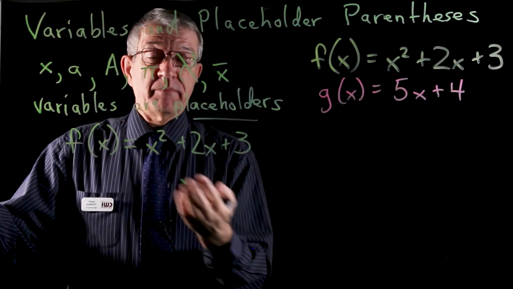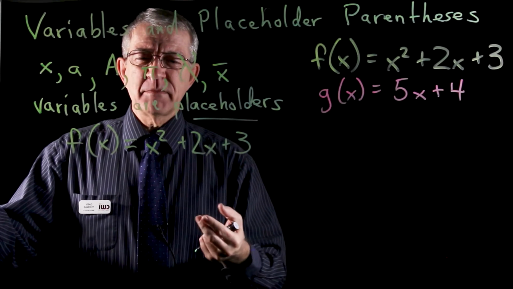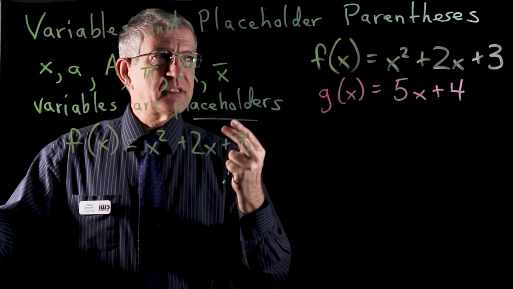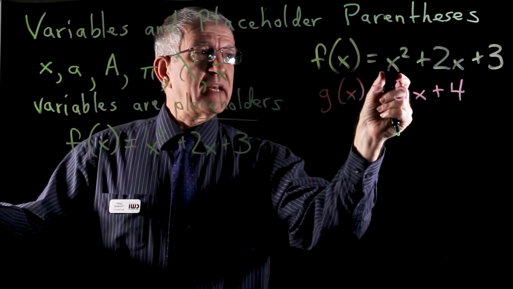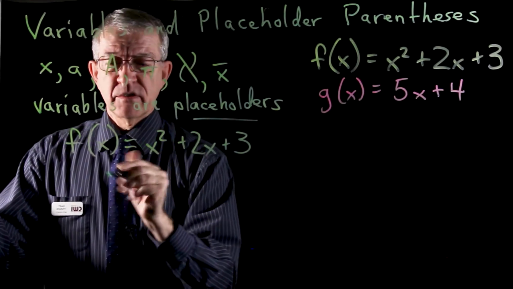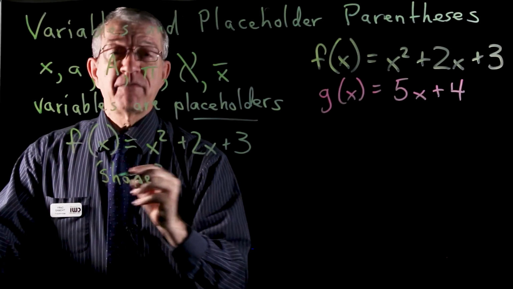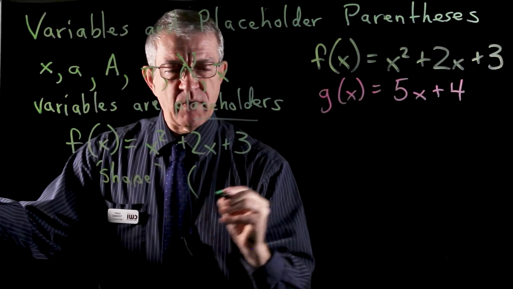I don't know what the something is, that's why I wrote x. But if I want to work with it, I need some space to write. I need some space to conceptualize. And so instead of writing x, the variable, I'm going to write placeholder parentheses. So here's the shape of the function, the form of the function, if you want to say it that way.